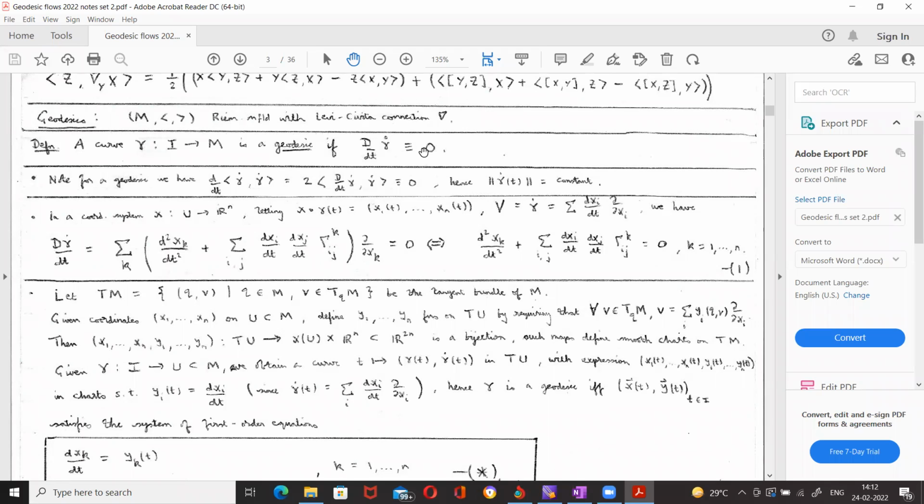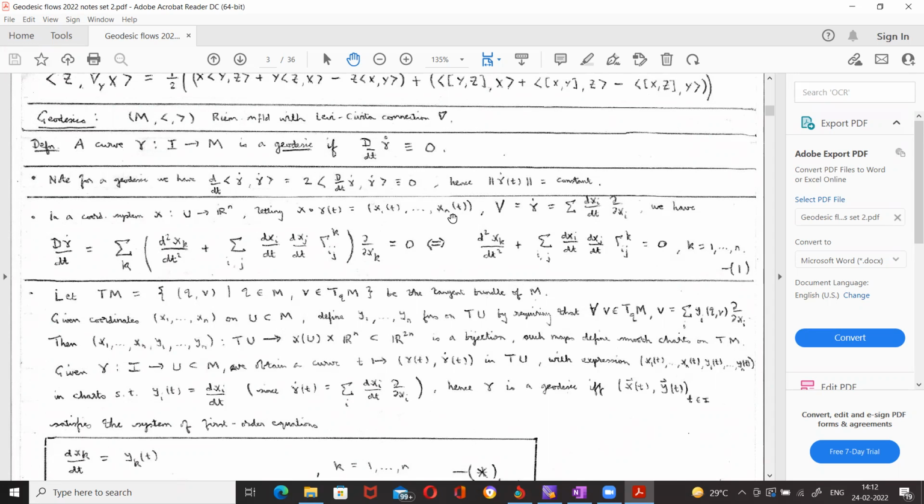So we notice that this implies that the speed of any geodesic is constant. That means the norm of gamma dot is a constant.